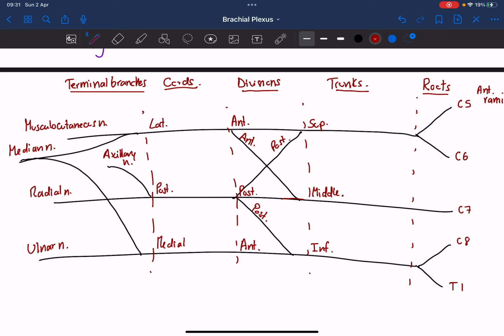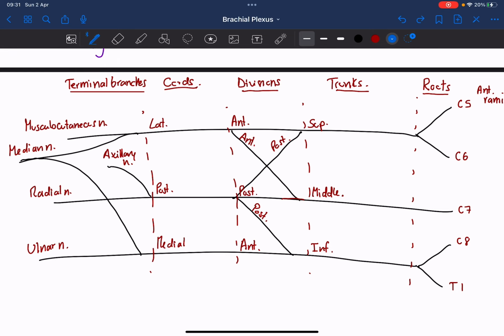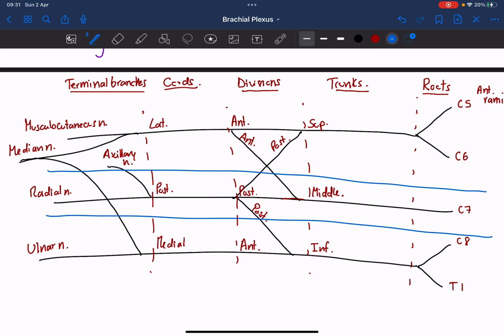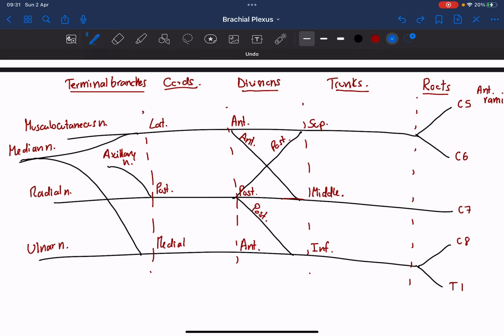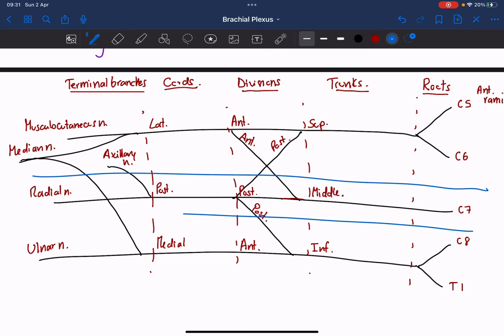Apart from those, there are a few more branches that we need to talk of, and I'll mention all of them now. But before we get to that, what we need to understand is how these names are derived. What makes them the lateral cord, posterior cord, medial cord? There is a structure that runs right here in between the brachial plexus, and that's the axillary artery. So let's keep the artery right here in the middle.